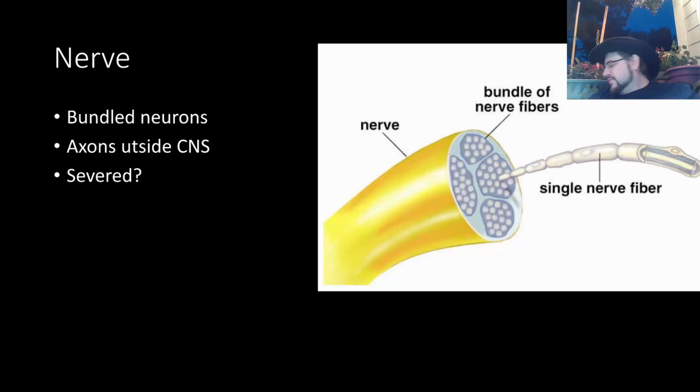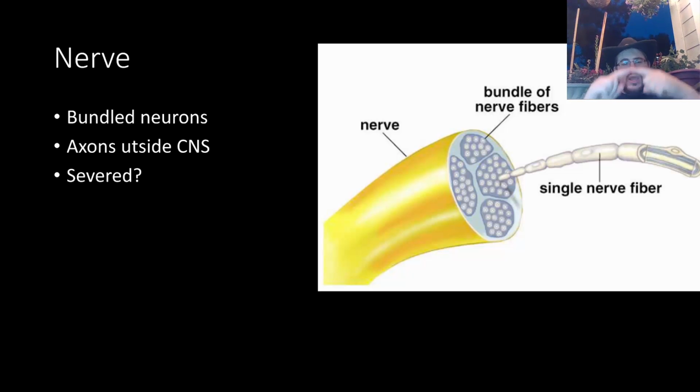Basically, when a nerve is severed, it will grow out in a random direction from each side of the severing, and if they happen to meet up, it will form a new connection.